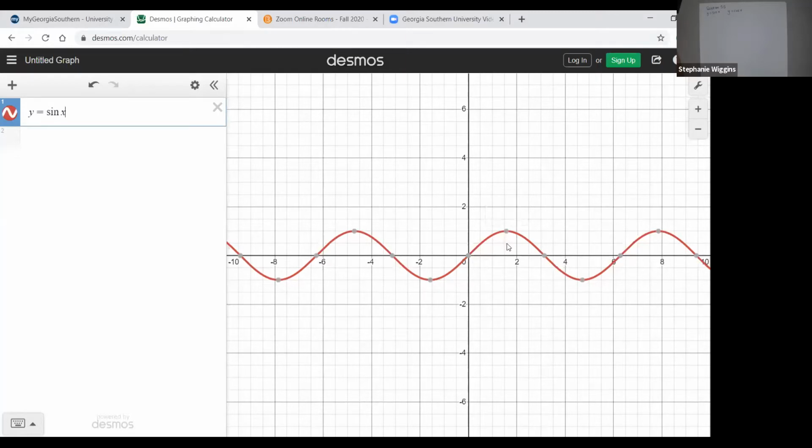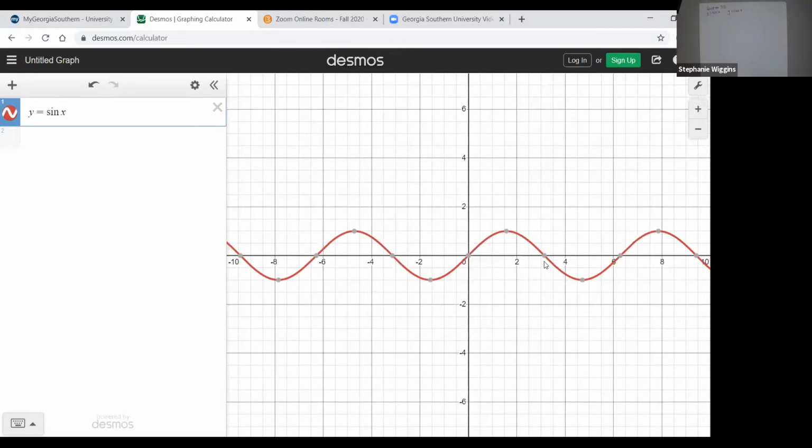It also has a certain height of 1. The distance between the x-axis and the highest point is 1. That's called the amplitude. So we have the amplitude, which is the height from the x-axis to the highest point, and then we have the cycle, the horizontal distance of how long the cycle lasts, and that's the period.